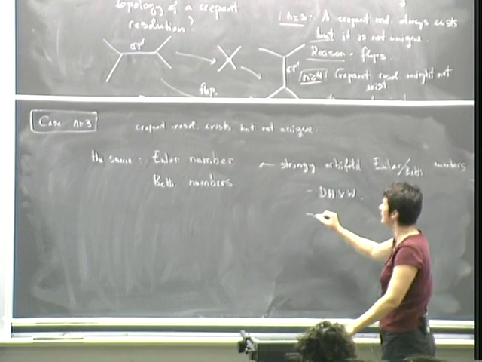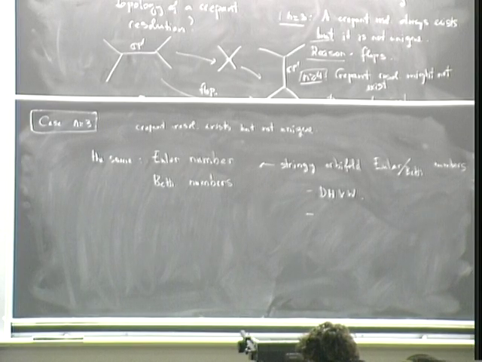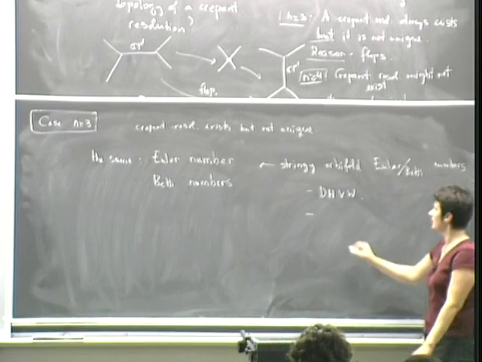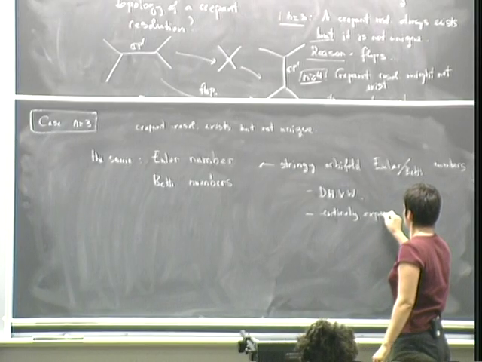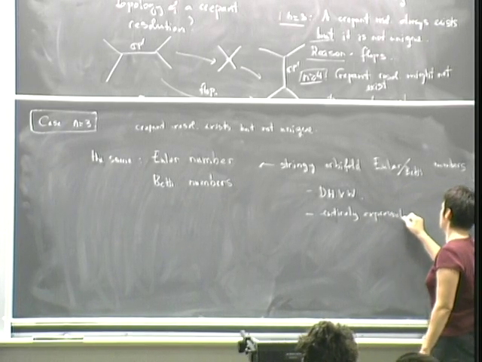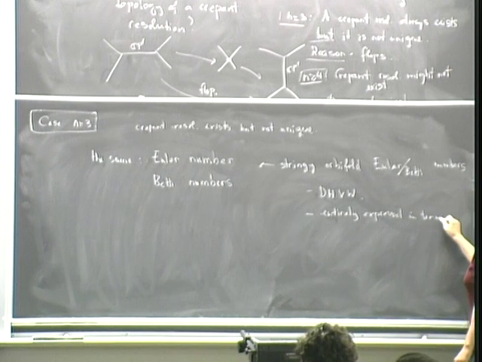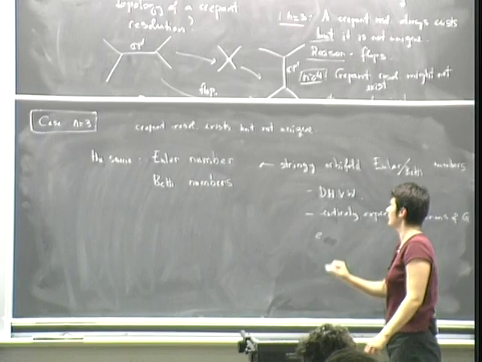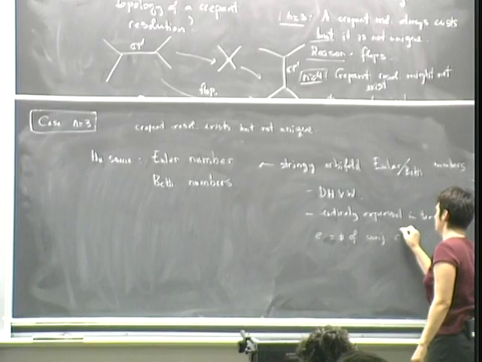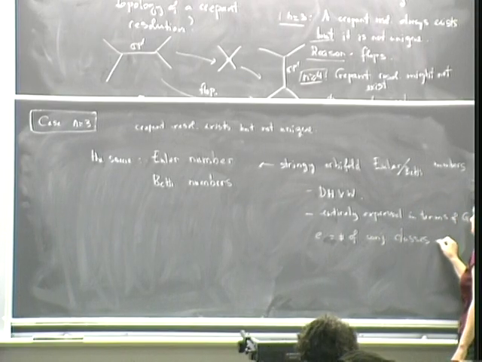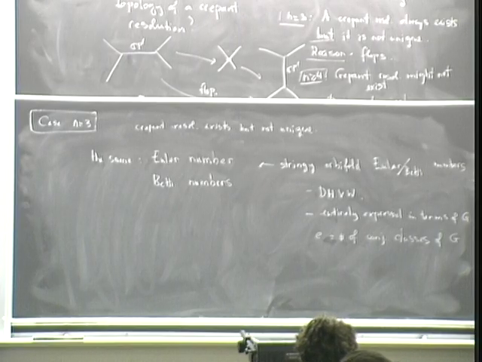What's really cool about them is that they can be entirely expressed in terms of the finite subgroup G. For example, the Euler number is the number of conjugacy classes of G, and there are similar formulas for the Betti numbers.